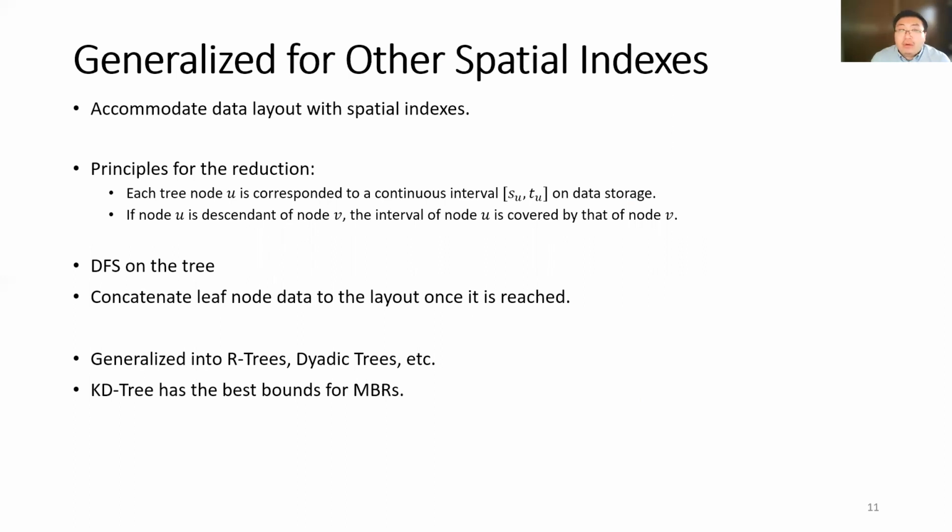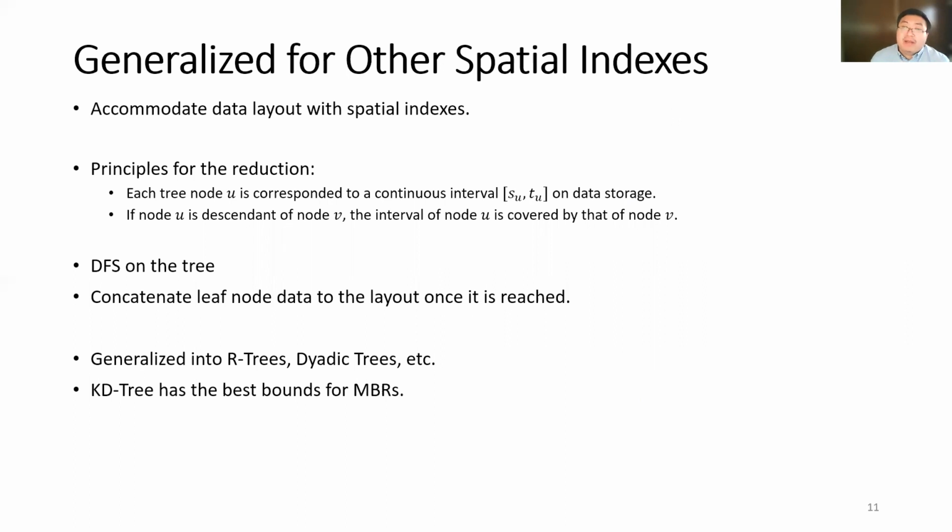So if a node U is a descendant of V, the interval of U is also completely covered by node V. Once we have that, how do we actually build the data layout linearly? The linear layout is simply a DFS on the tree. As soon as we hit a leaf node, we just concatenate it to the end of the layout.